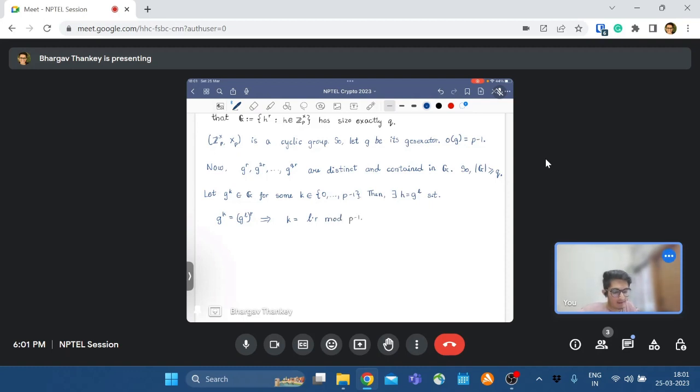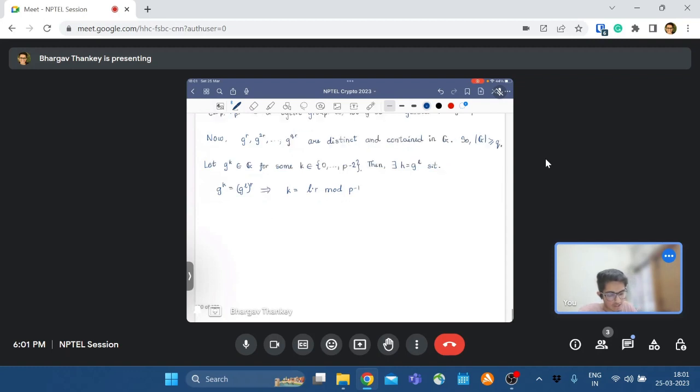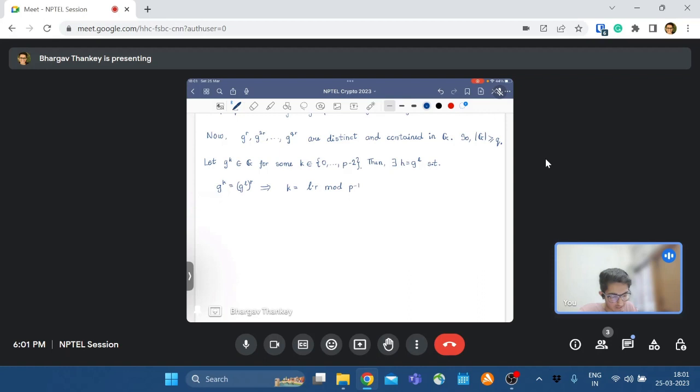So it's mod P minus 1 because we are in the exponent, and in the exponent, things happen mod P minus 1, right? Because the exponent goes from 0 to P minus 1. So, sorry, 0 to P minus 2. Because the group has size P minus 1, so it goes from 0 to P minus 2. So in the exponent, things happen mod P minus 1. So we have that k equals L times R mod P minus 1, right?